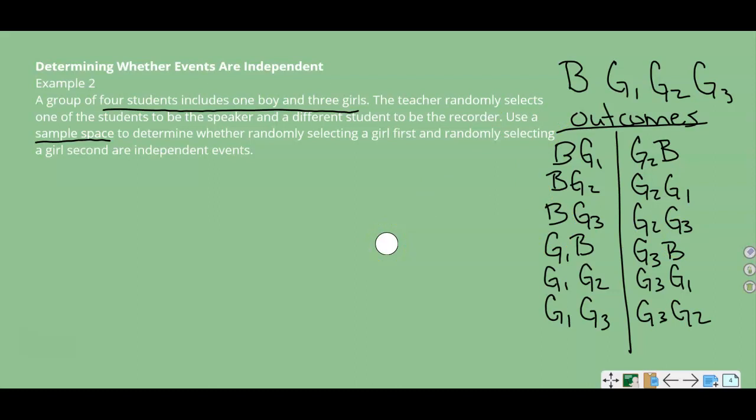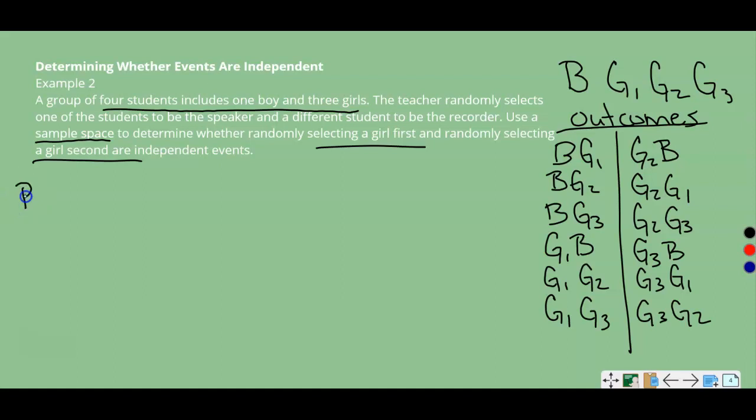All right. Now that we have our different outcomes, now we can look at the different possibilities. So let's see what this question says again. The teacher randomly selects one of the students to be a speaker and a different student to be the recorder. Use a sample space to determine whether randomly selecting a girl first and randomly selecting a girl second are independent events.